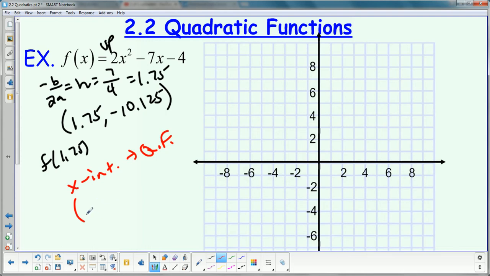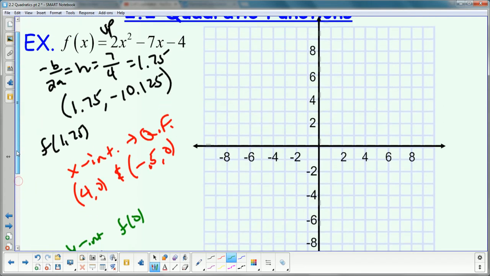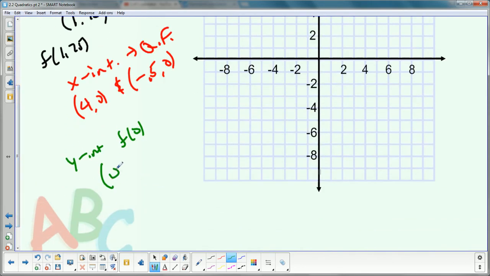I plug that in. I get x-intercepts of 4, 0 and negative 0.50, 0. Okay, then the last thing we're going to need is our y-intercept, which is f of 0, which always becomes c. So c in this case is negative 4, so we have a y-intercept of 0, negative 4.